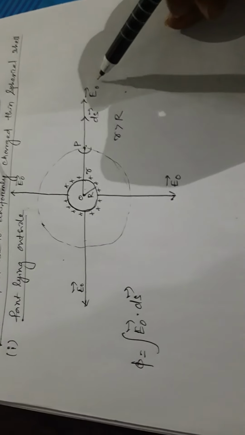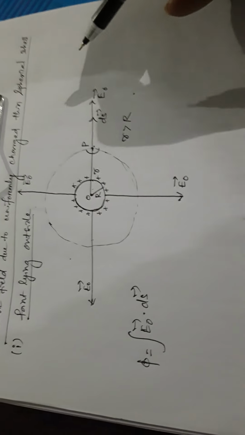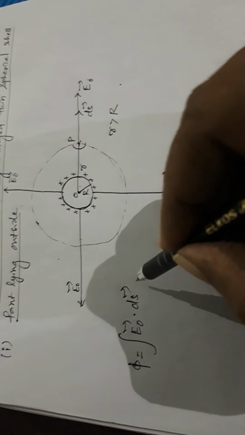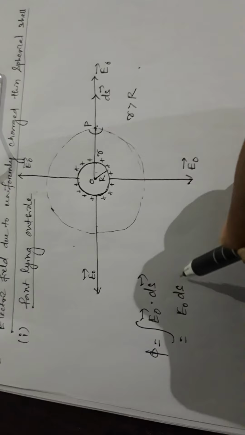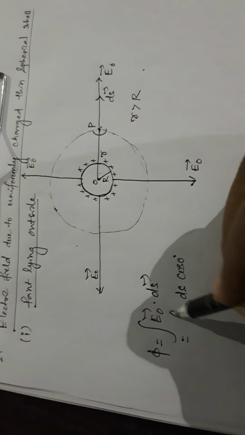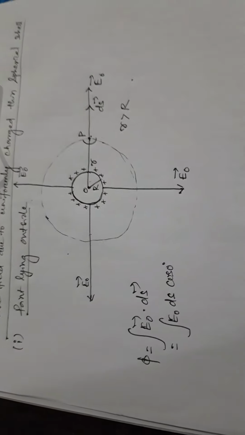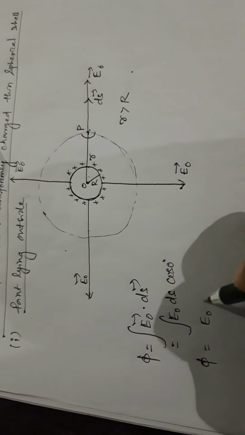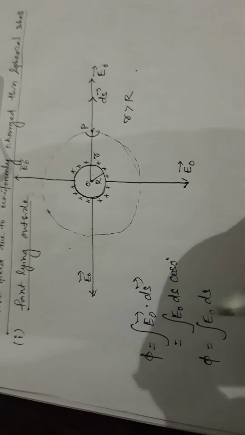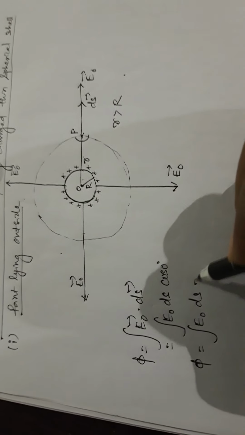So here EO vector and ds vector are in the same direction, so this would be integration of EO ds cos 0 degree. Now phi is equal to integration of EO ds, because cos 0 is equal to 1.